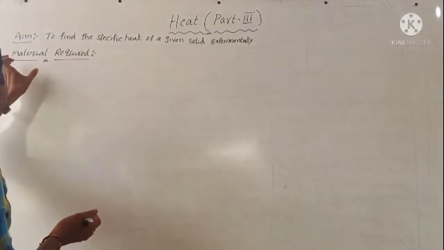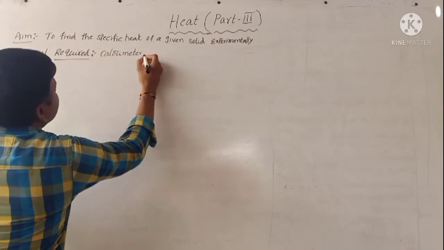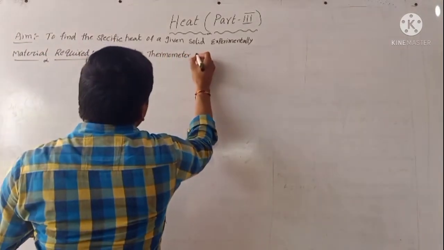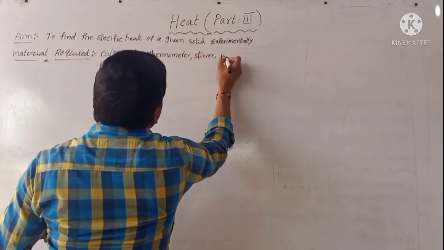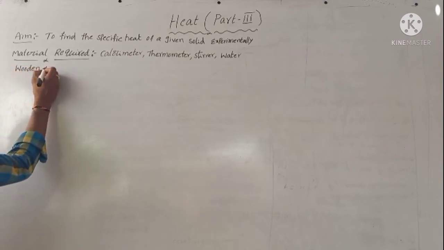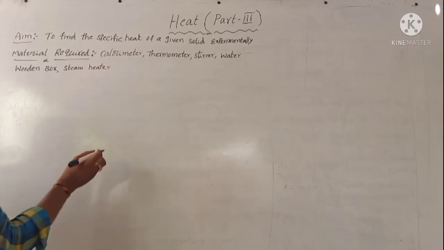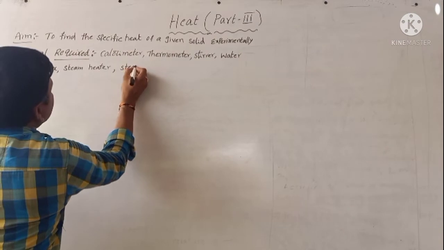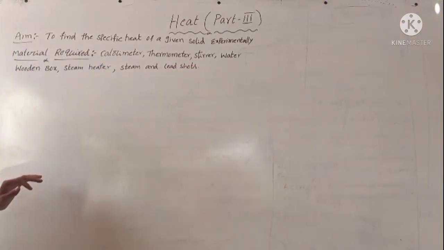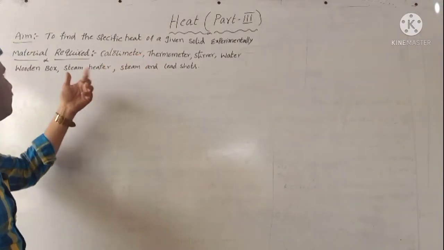The materials required are: calorimeter, thermometer, stirrer, water, wooden box, steam heater, steam and lead shots. These are the materials required.